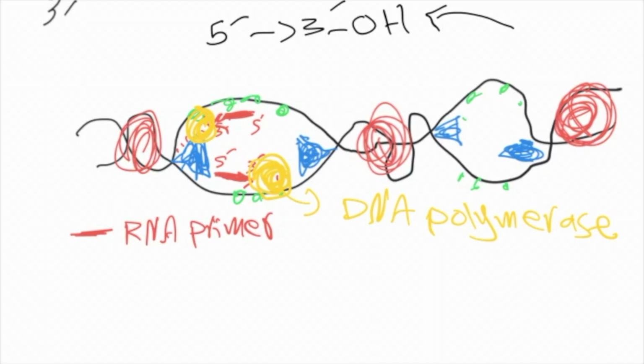Now, I want to draw your attention to and focus on only one part of what's going on here, and I'm going to show you. Let's highlight it with this pen. This region that is being polymerized. You see these two strands are opening up. Helicase is opening it up, and it's growing. This is called a replication fork.